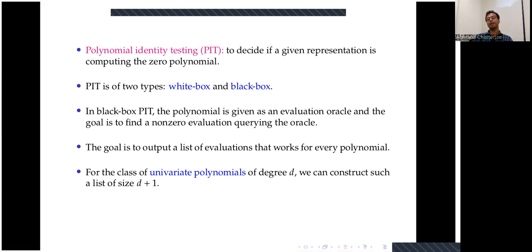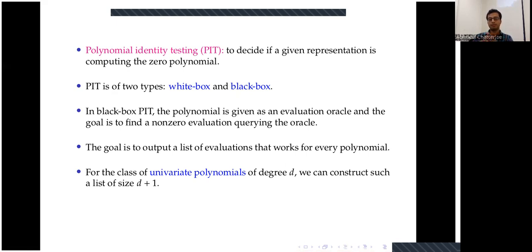The second one is black box identity testing, where the polynomial is given to us by an evaluation oracle. And to test identity, we use the semantic definition that if it is non-zero, then there will exist some evaluation where it will be non-zero. So what is this black box PIT problem?